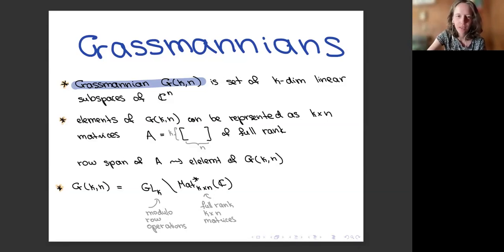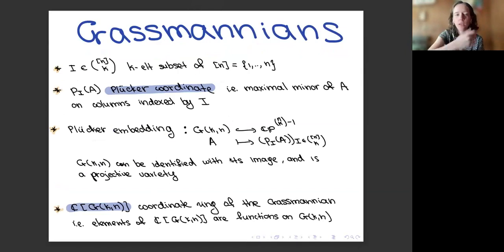Okay, so here come the determinants. They are important. Given I, my notation for a k-element subset of the integers 1 through n, P_I(A) is called a Plucker coordinate.